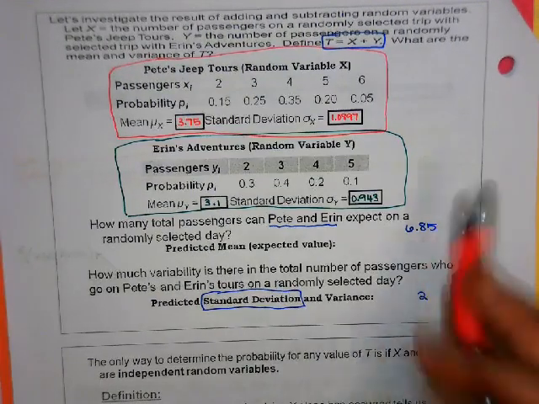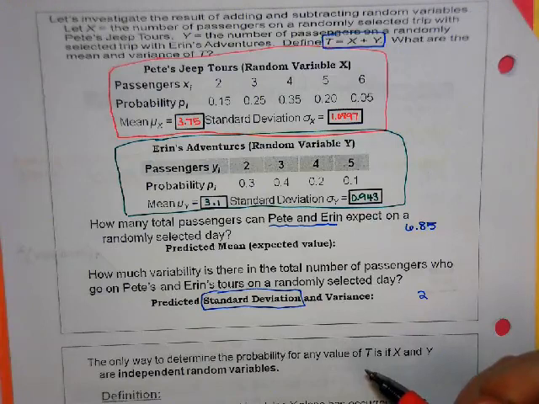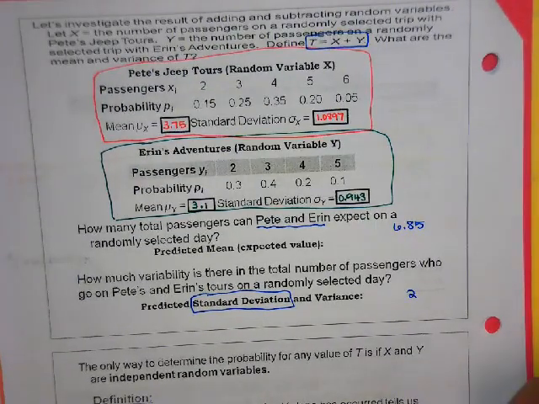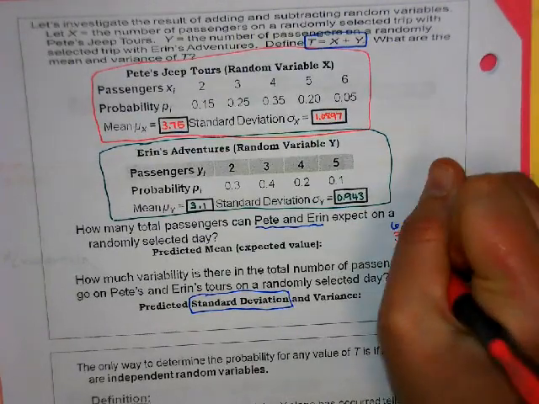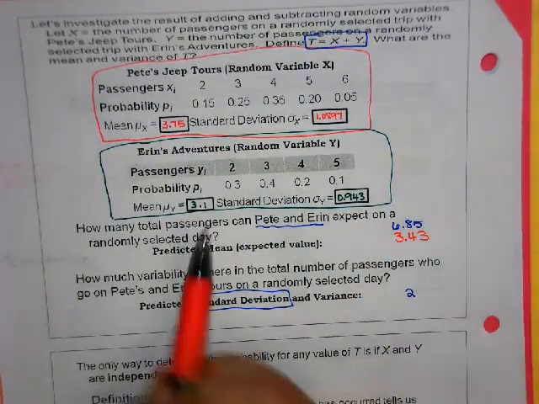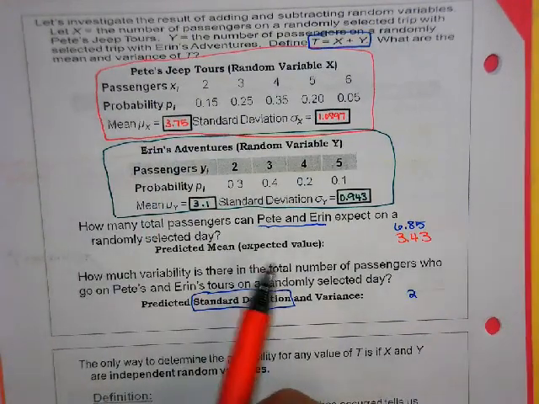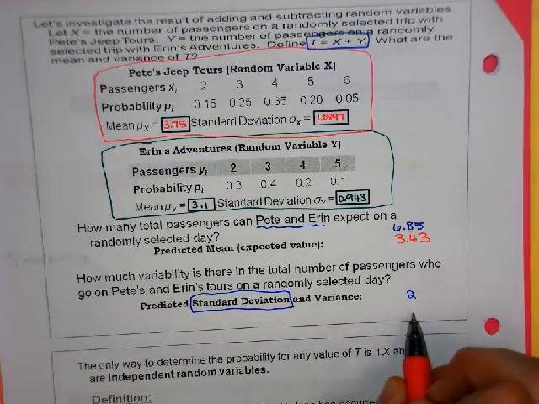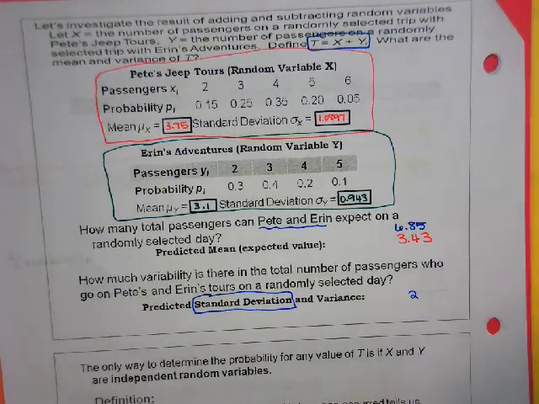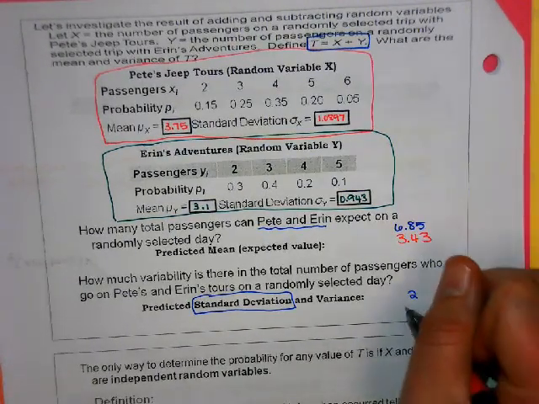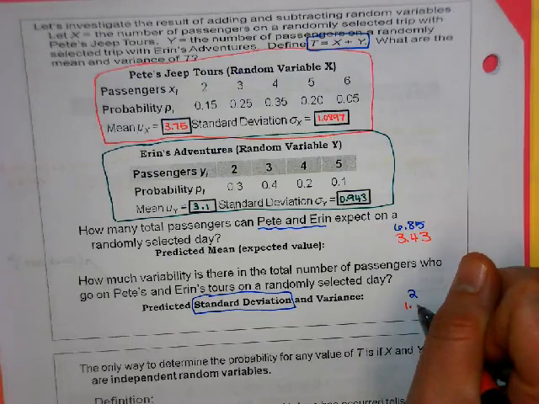It's just a prediction. 3.4. Okay, so you took this plus that and divided by 2. Okay. And what about standard deviation? 1.7. Okay. Emma, Narita, and Nevaeh?